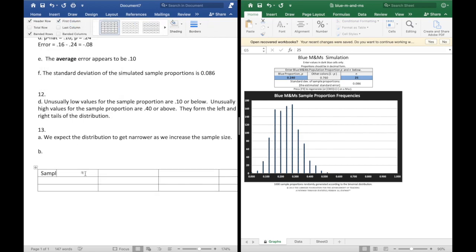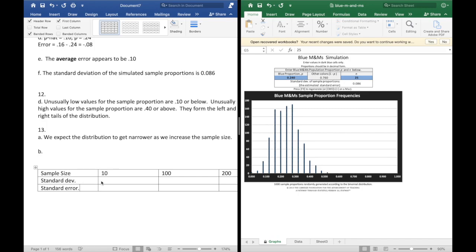And here is the sample size. Here is 10. Sorry, I'm just recreating the table that's in your book. And this is 200. And this is going to be the standard deviation. You don't have to write this down. Again, it's in your book. And this is going to be the standard error.